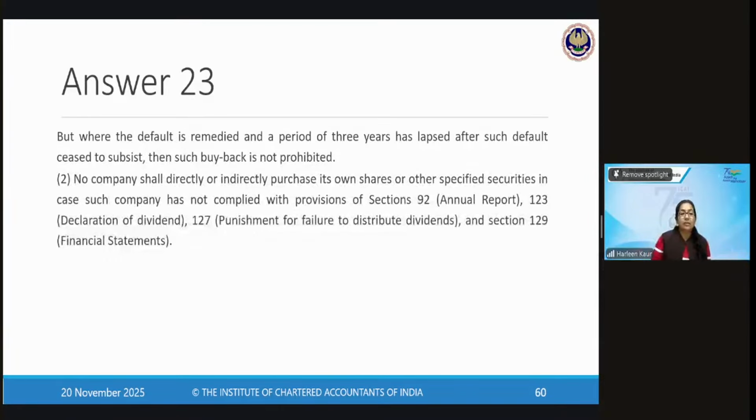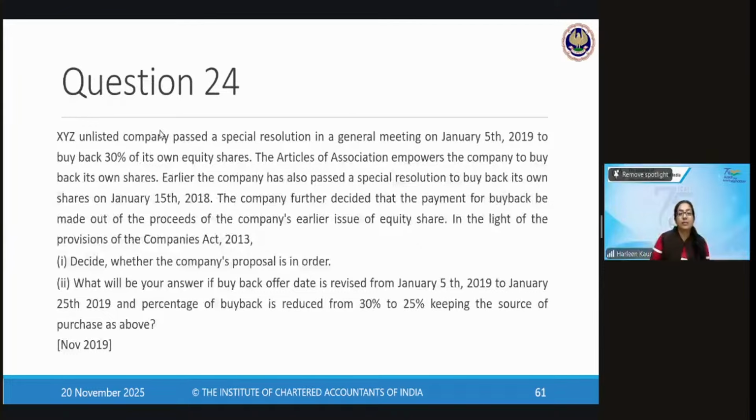Now the next question is: XYZ, an unlisted company, has passed the SR on January 5th to buy back 30% of its own equity. The AOA empowers the company to buy back the shares. Earlier, the company had passed an SR. The company decided that the payment will be made out of the proceeds of the earlier issue of equity.